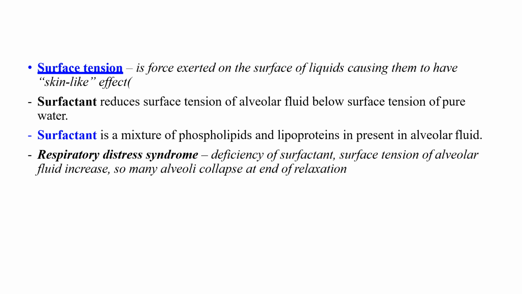Surfactant reduces surface tension of alveolar fluid below the surface tension of pure water. Surfactant is a mixture of phospholipids and lipoproteins which are present in the alveolar fluid. Respiratory distress syndrome is a deficiency of surfactant. Surface tension of alveolar fluid increases, so many alveoli collapse at the end of expiration.